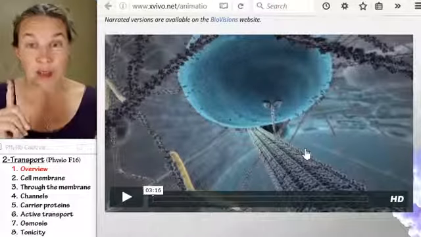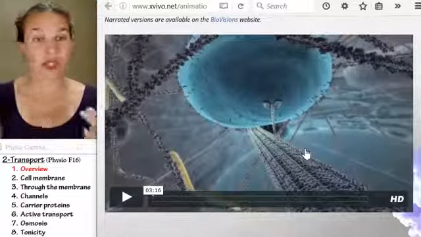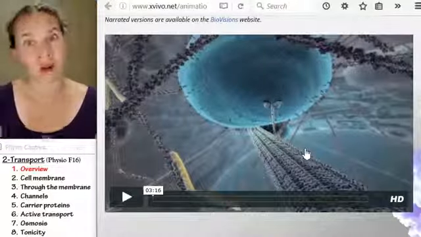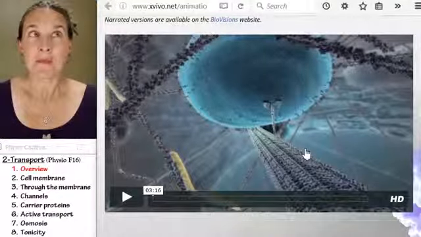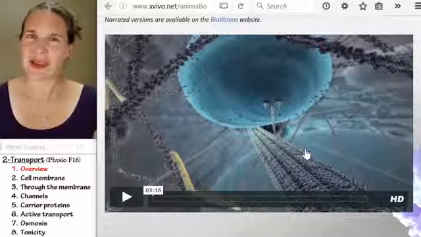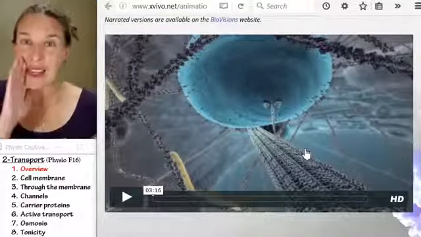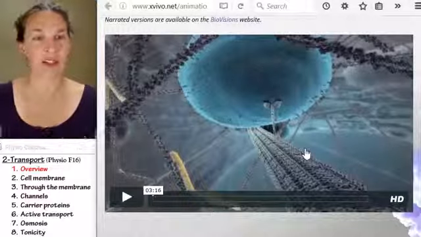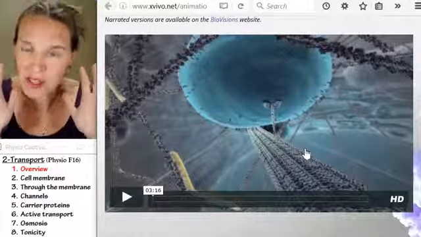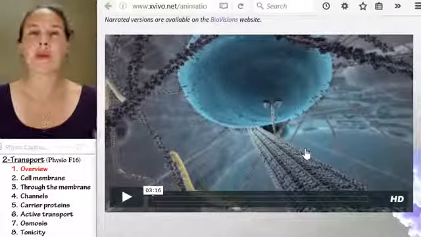There's one structure that you should know because you've rocked the general bio already. The one thing that separates intracellular fluid, the inside of the cell, from extracellular fluid, the outside of the cell, is the cell membrane.